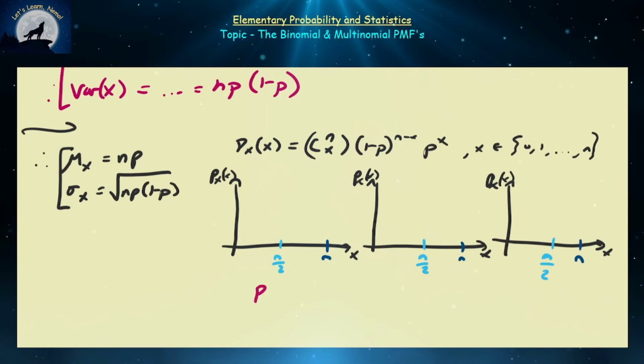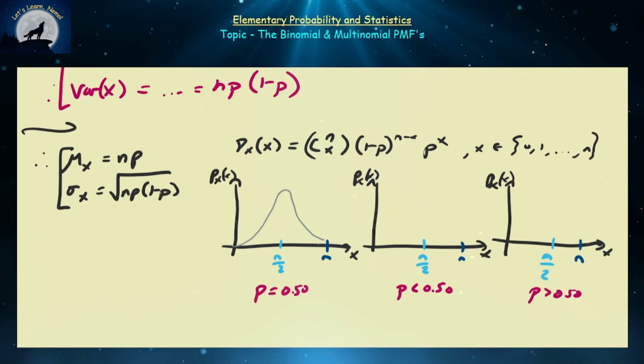So we're going to have our p is equal to 50%, our p is less than 50%, and then our p is greater than 50%. Take a guess of what you think these curves look like. And keep in mind, they're discrete curves, not continuous curves. So what you're going to have actually is 50% is going to be relatively symmetric around n over 2. Less than 50% is going to be skewed to the right, so it's going to be having a mass more situated on the left-hand side of the distribution.